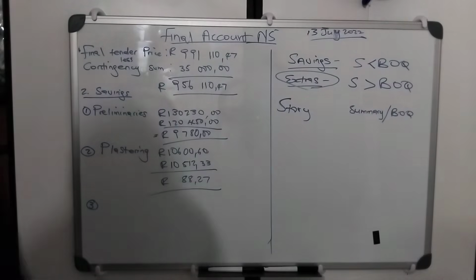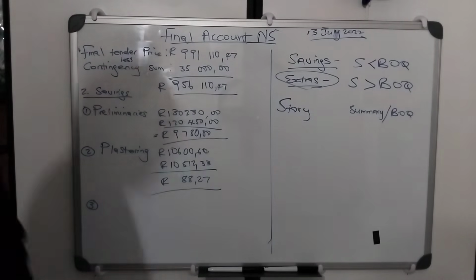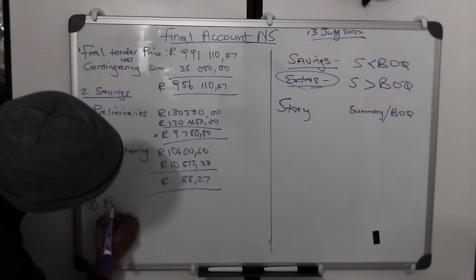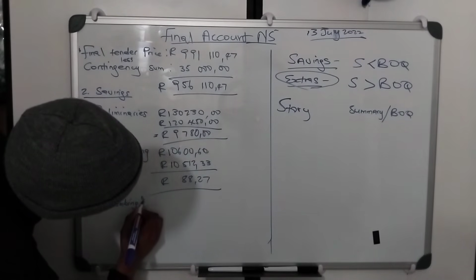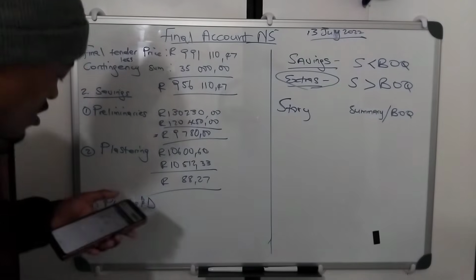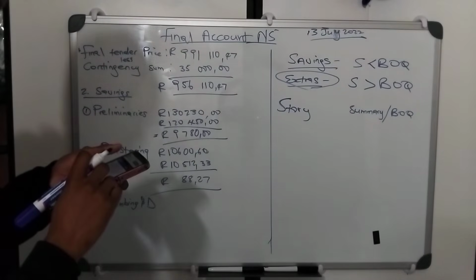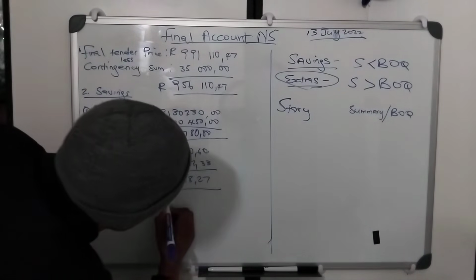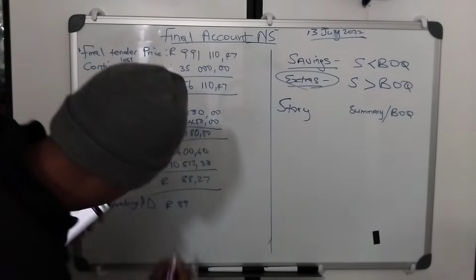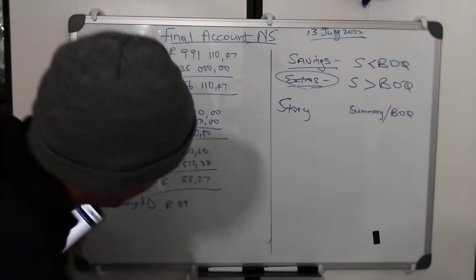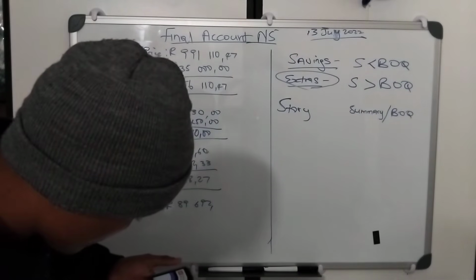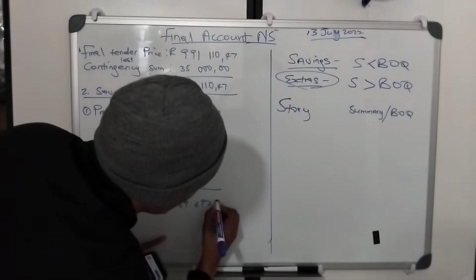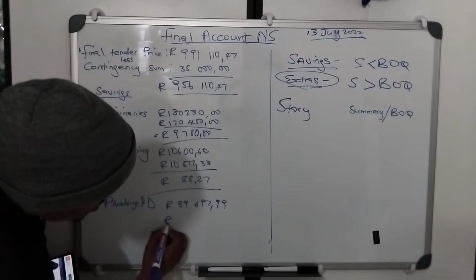Our third one gets to be plumbing and drainage. And then we have 89,692.99. What is the amount on the store?